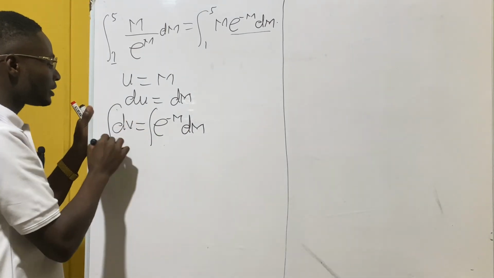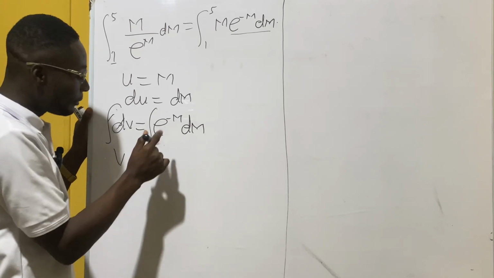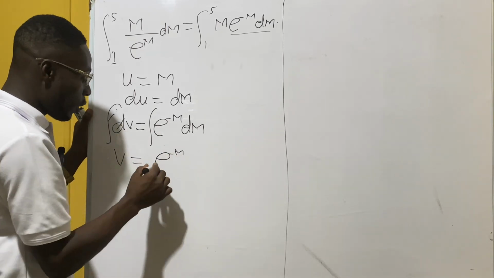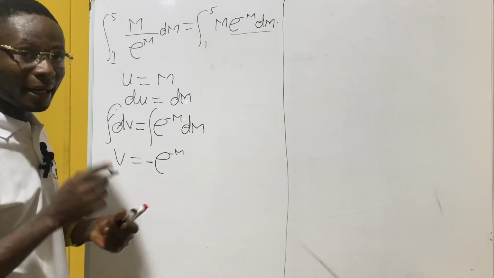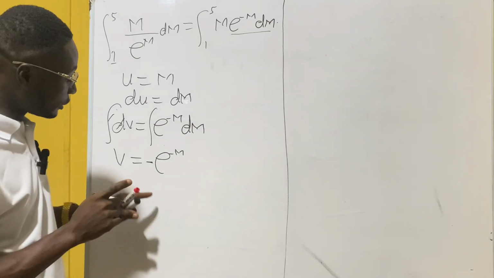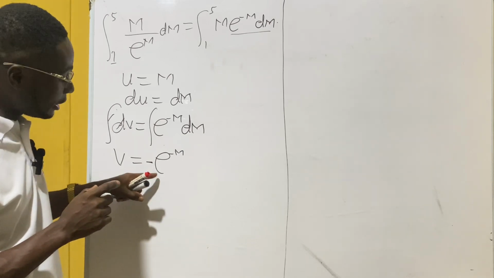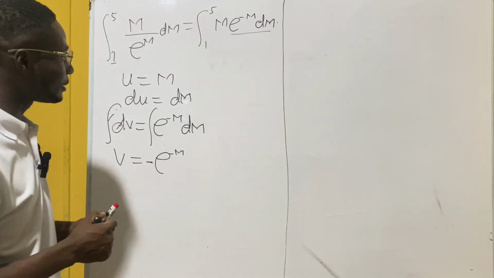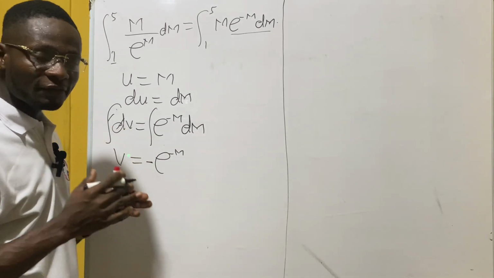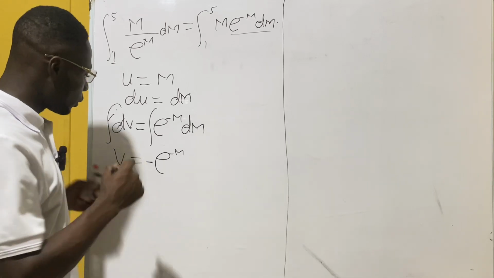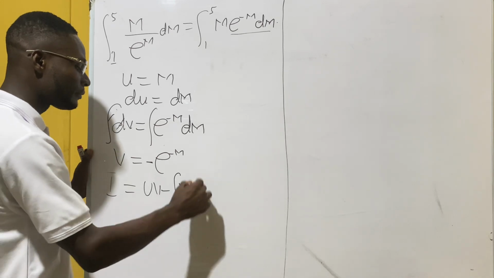We integrate both sides and we have v equals the integral of e power negative m, which is e power negative m all over negative 1, because when you differentiate the negative m, that becomes negative 1. We use the negative 1 to divide the e power negative m. That becomes negative e power negative m. Once we have these parameters, we go ahead and employ the traditional formula for integration by parts, which is uv minus integral v du.